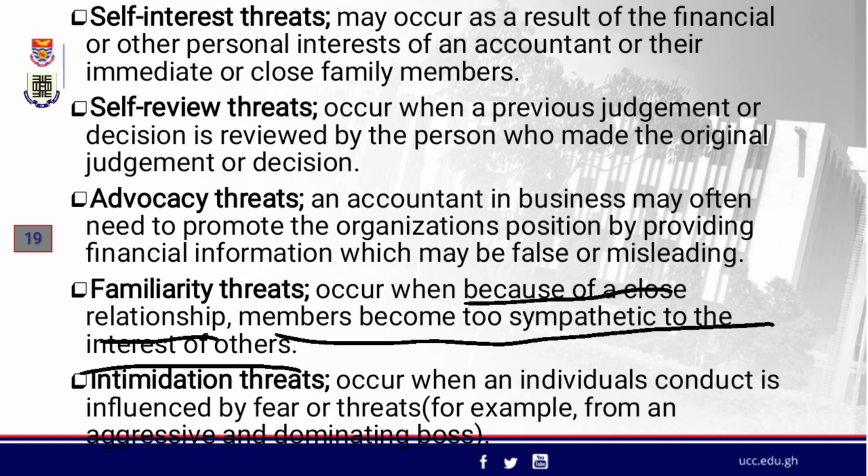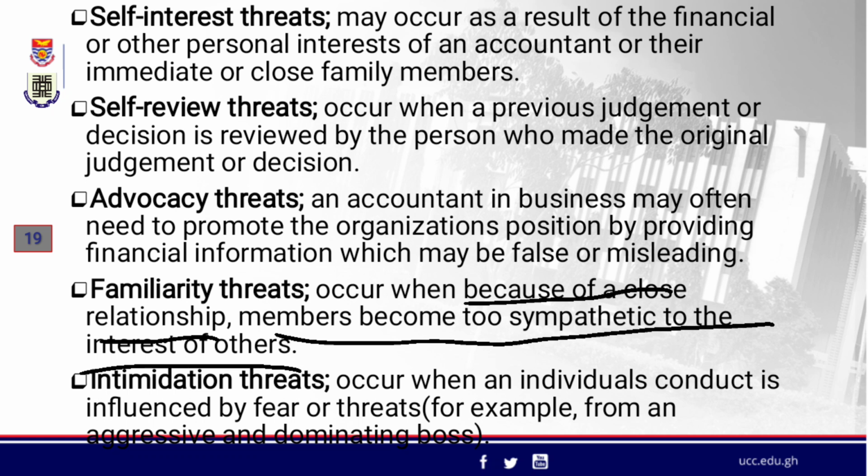Intimidation threat occurs when an individual's conduct is influenced by fear or threat, for example from an aggressive or domineering boss. So your boss is actually intimidating. I don't know if management accounting provides cases, but I also teach this in relation to financial reporting.